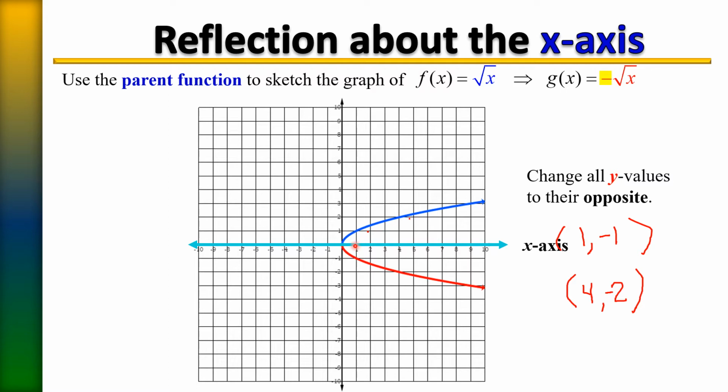So over 1, down 1, sure enough, it's there. Over 4, down 2, and it's there. So again, to reflect an image or graph about the x-axis, all you have to do is change your y values to their opposites.